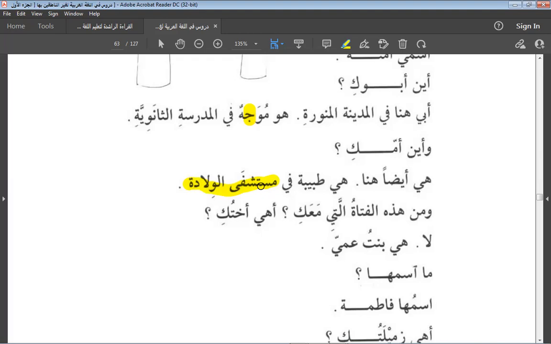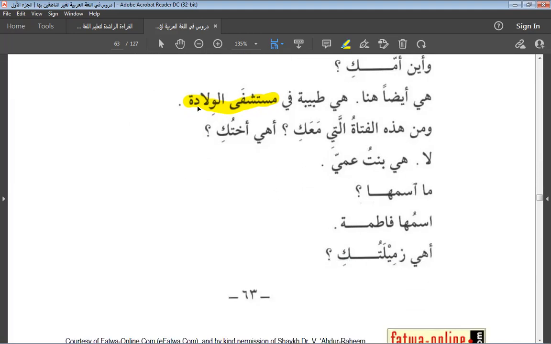She's in the Mustashfa al-Wilada, hospital of childbirth, basically. It is from al-Wilada that we get waladun, walidun, walidatun. They all are around birth. That's why when we say walid, biological father, when we say abun, father, just any man can be an ab. But then walid is biological father, the one who gave birth to you.